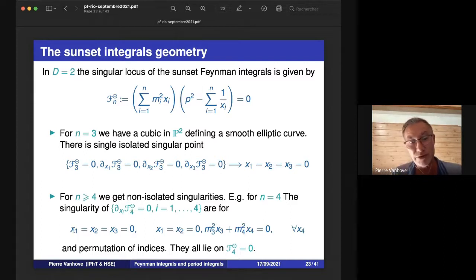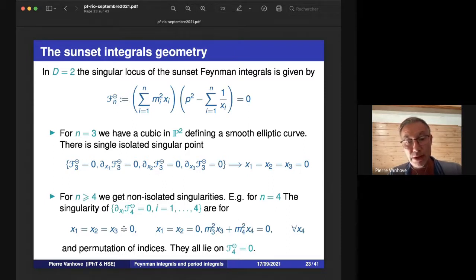But already in the next case, the singular locus, you have 4 variables. So x1 equal x2 equal x3, but any value of x4, lies on the singularity of the Jacobian, or x1 equal x2 equal 0, and then this equation, this hyperplane.